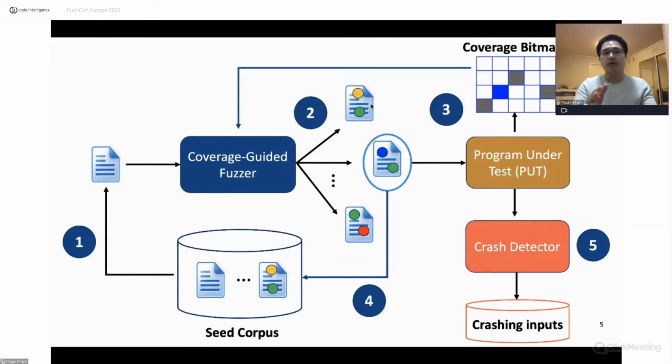This we call the throughput, and this is the main focus of my talk today. So in order to increase the fuzzing throughput, one of the most straightforward ways is to try to run multiple instances of fuzzing at the same time on multiple cores of a computer or on multiple computers in order to increase the number of executions per second.